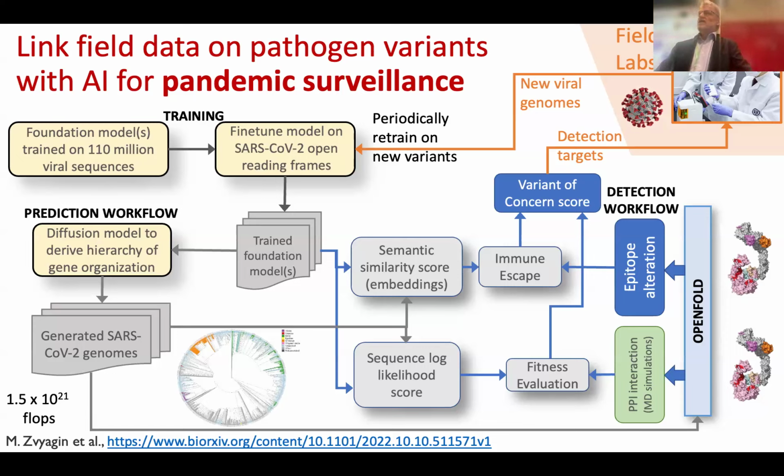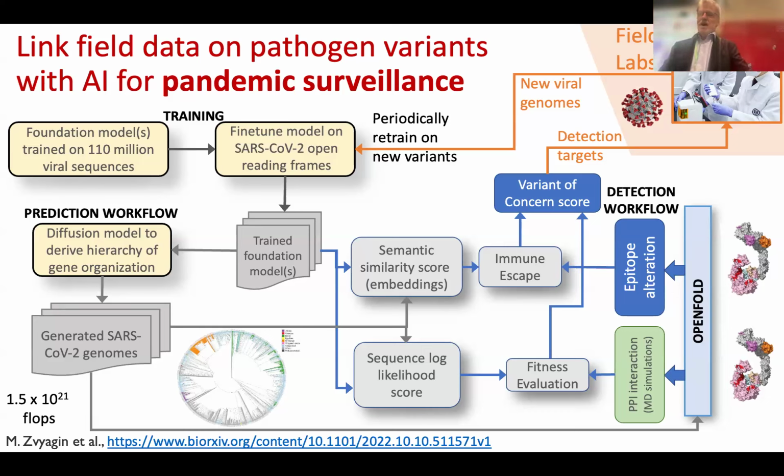Build a foundation model, a deep learning foundation model trained on these many different genetic sequences, and then use that foundation model to generate possible COVID variants that may emerge, screen those variants with knowledge of the body's known ability to respond to COVID genes, and then based on that information, predict variants that may emerge in the future and be variants of concern, and then push that information out to field labs where people can search for them and hopefully be able to find them before they become significant.